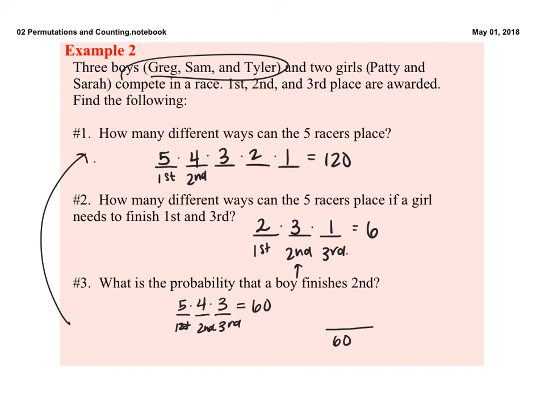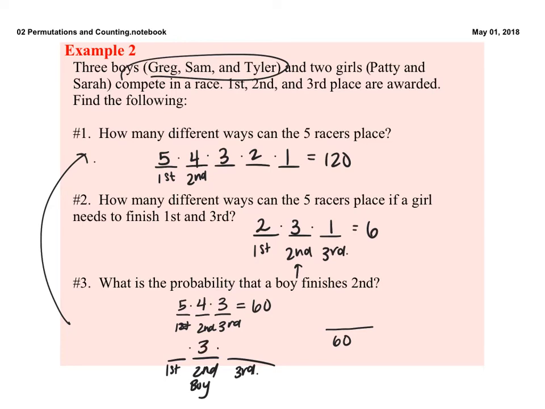That's going to go in the denominator because it's asking probability. And the probability that a boy finishes second. Well, in this case, we have to think about for the numerator, all we care about is that a boy finishes here. We don't care who's in first and we don't care who's in third. So there's 3 boys to choose from there for that second place spot.